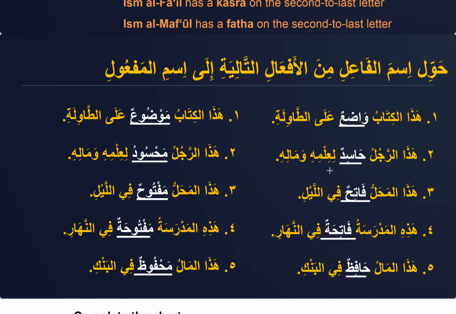هذا الرجل حاسد لعلمه وماله. Now when we change it, the meaning becomes correct. هذا الرجل محسود لعلمه وماله, which means that this man is envied for his knowledge and his wealth.